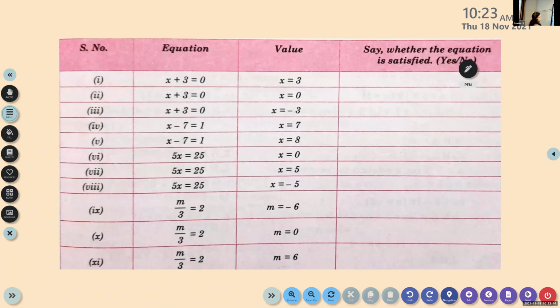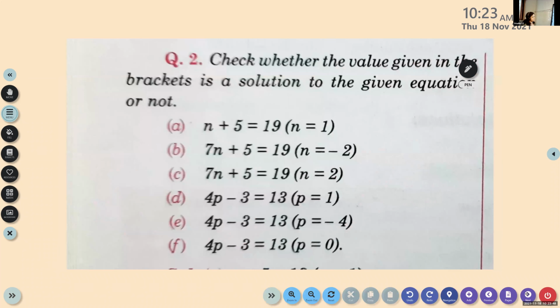Check whether the value given in the brackets is a solution to the given equation or not. The value of n is given here.